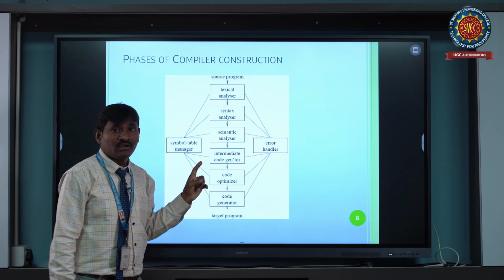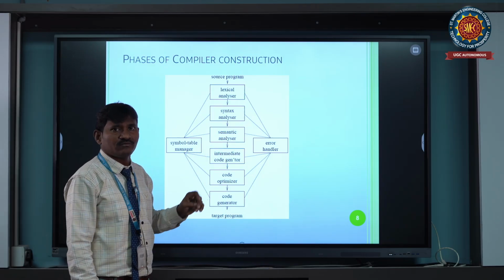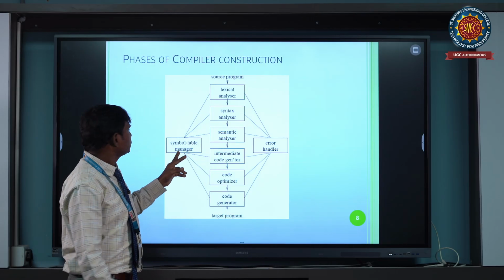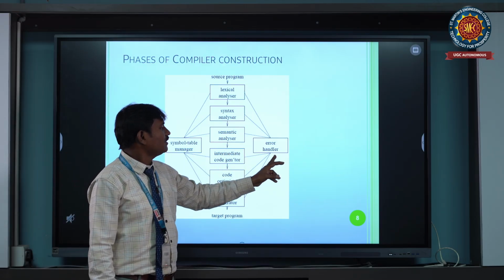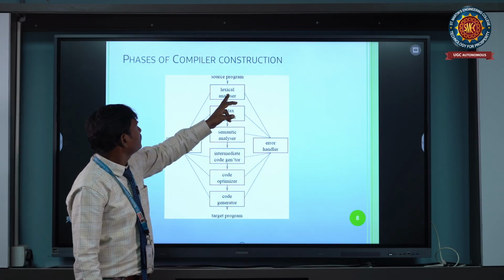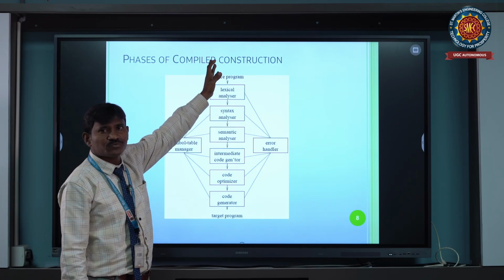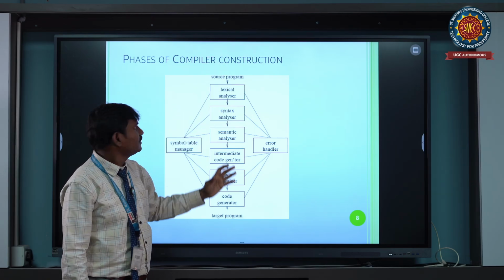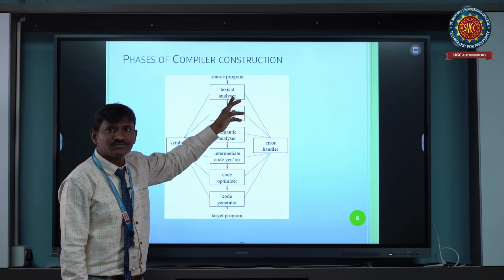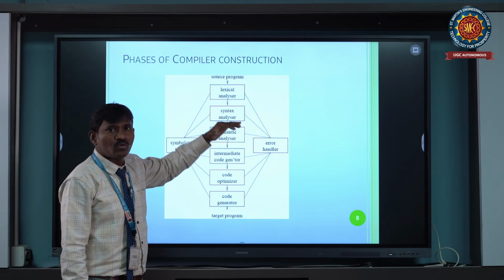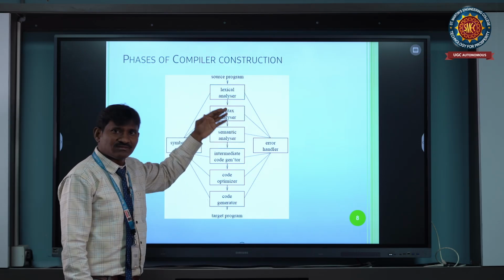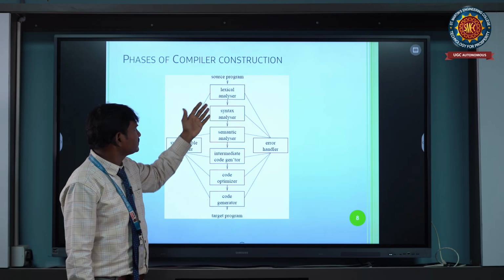Besides these 6, there are another 2 components. What are they? The symbol table and the error handler. The lexical analyzer takes the source program as input, does some processing, and sends the result to the next level, the syntax analyzer.